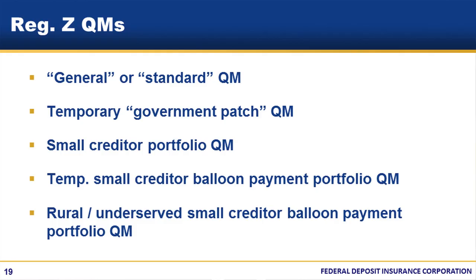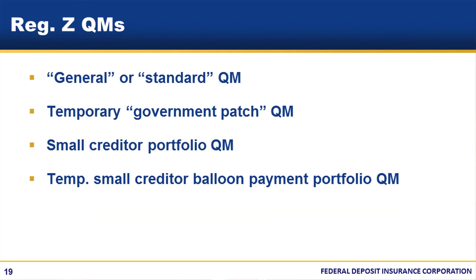Thanks, Serge. The types of QMs described in Regulation Z are the general or standard QM, the special temporary government or government patch QM, the small creditor portfolio QM, the temporary small creditor balloon payment portfolio QM, which will be available until January 10, 2016, and the small creditor balloon payment portfolio QM, which after January 10, 2016, will only be available to small creditors operating primarily in rural or underserved areas.